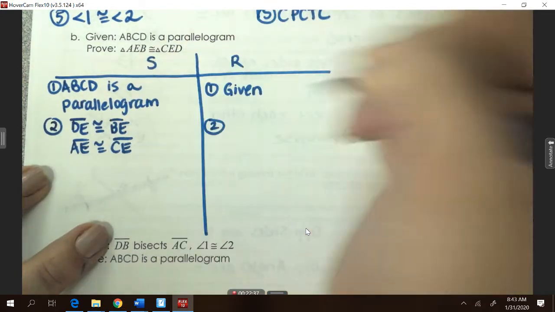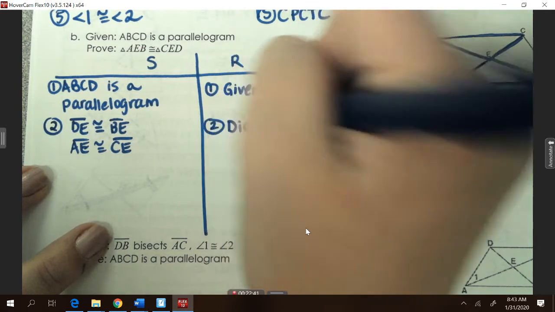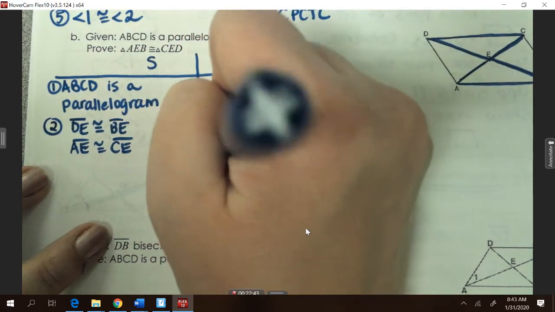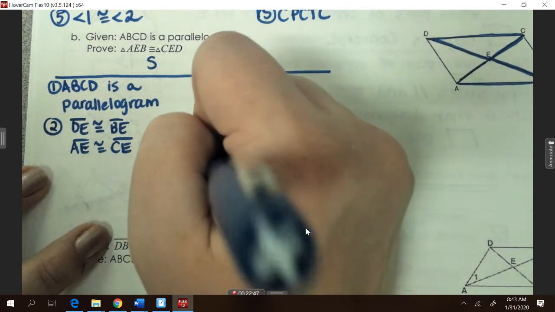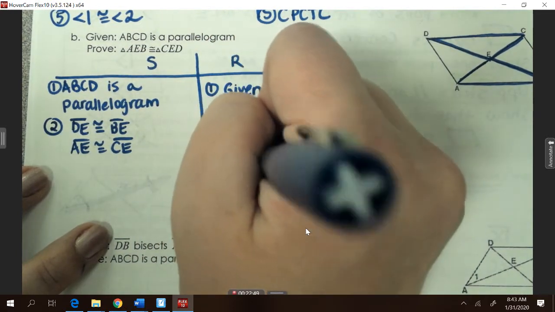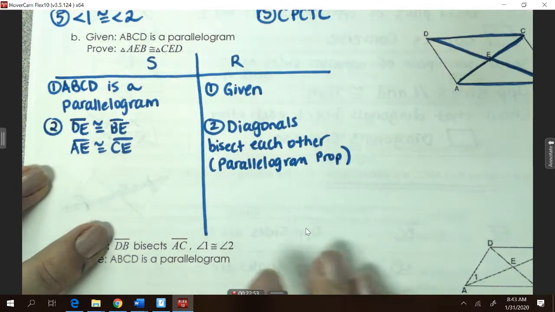Okay, and that's just because the diagonals bisect each other, which is a parallelogram property.